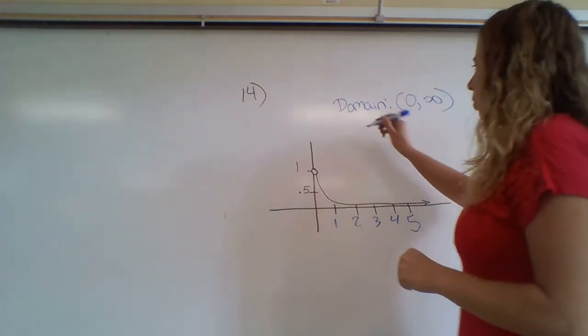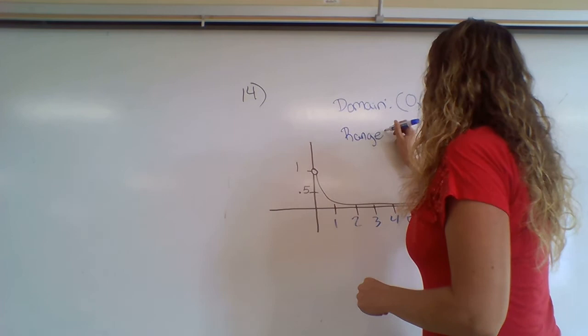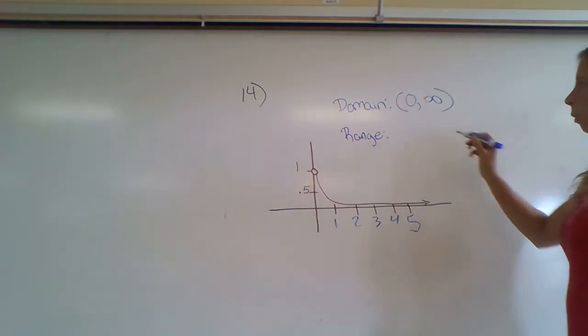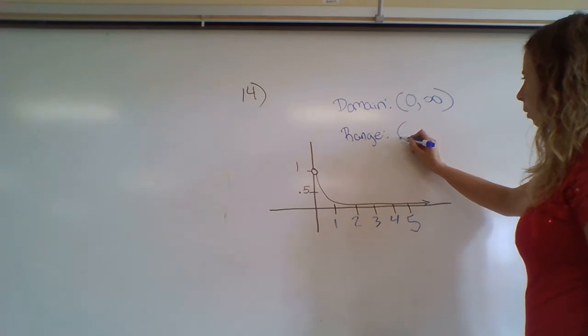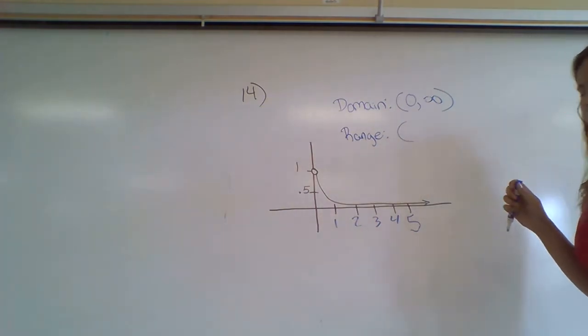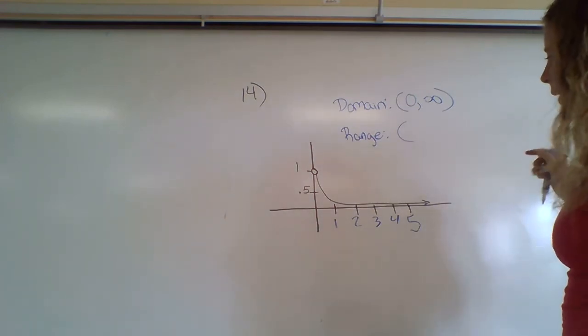My range, oh, this is kind of a hard one to do. My range, okay. For this one, this is an exponential graph. Hopefully you can tell by looking at the picture.